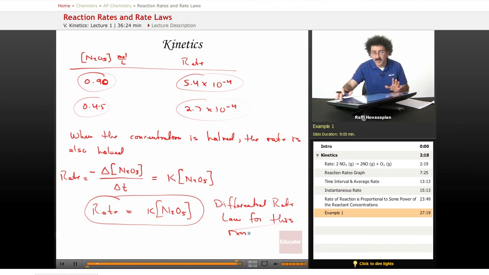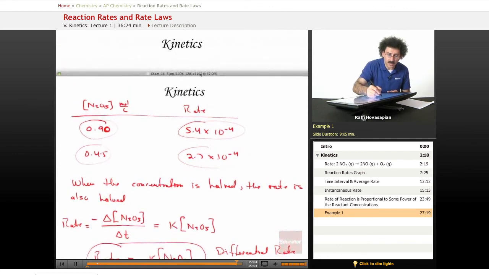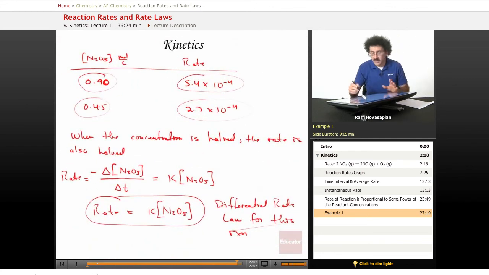The most important thing to take away from this is that under conditions where we measure rates near points where the reaction is just starting, where we have a concentration and then another concentration, and the rate at each, when we see how the concentration changes and compare it to how the actual rate changes, that gives us the exponent of the particular concentration term of the reactant.